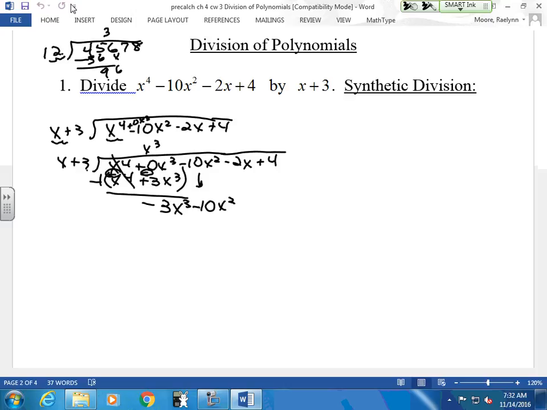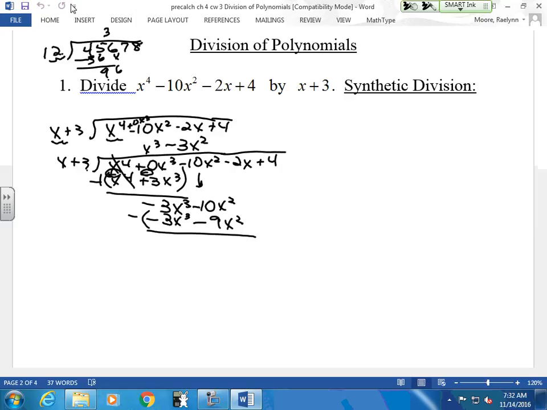And again, remember your front end division. What times x gives me negative 3x cubed? Negative 3x squared. I multiply down. Negative 3x squared times 3, negative 9x squared. Negative 3x squared times x, negative 3x cubed. And again, the pattern repeats. I subtract.